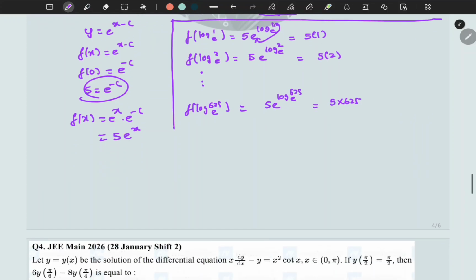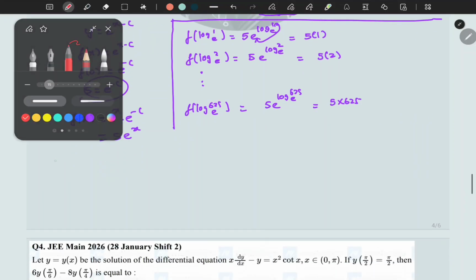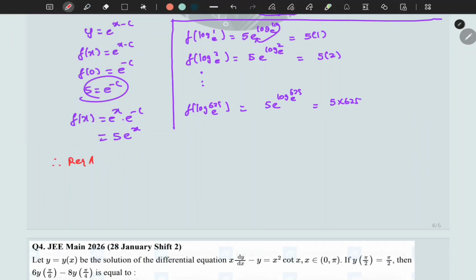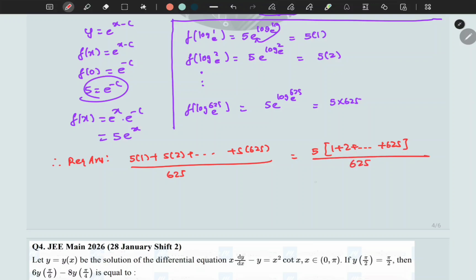Now he's asking us to find the mean. So therefore the required answer should be 5 into 1 plus 5 into 2 and so on, plus 5 into 625 divided by 625. Sum of observations divided by number of observations. So we get 5 into 1 plus 2 plus and so on till 625 divided by 625. Now sum of n natural numbers should be n into n plus 1 divided by 2.